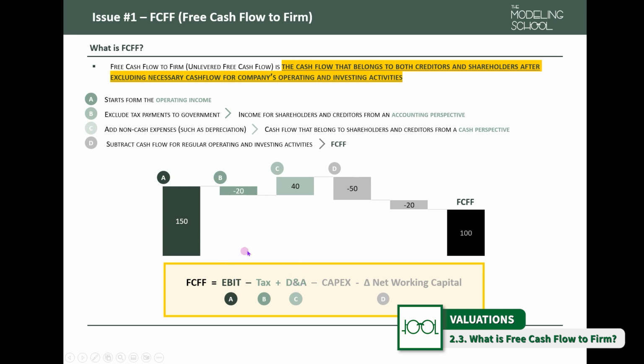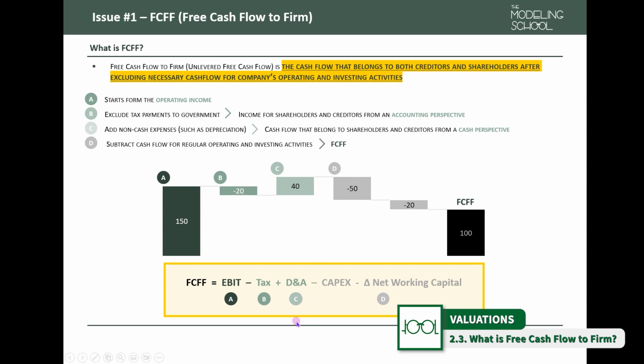So this formula can be slightly different from people to people, just as enterprise value was also very different depending on each individual analyst's definition. Free cash flow as well. This is the most basic and most popular formula, but some people might have slight differences on the actual formula. But the gist is that it is cash flow that belongs to all investors.